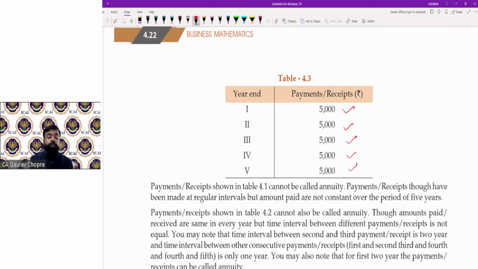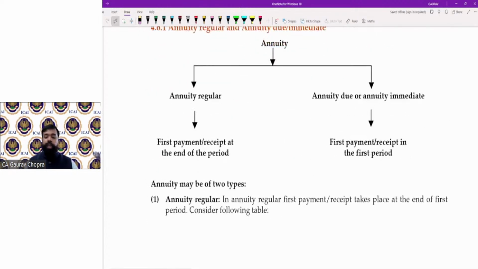So time gap भी same है, amount भी same है, so this is basically annuity. So table number 4.3 is annuity. Okay. So this is the basic meaning of annuity.